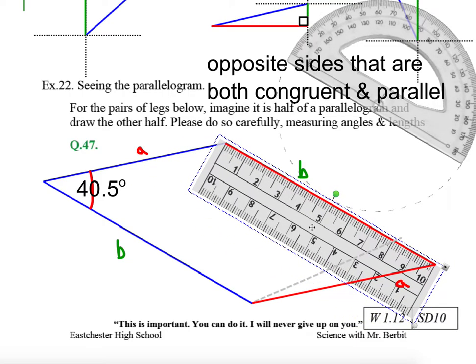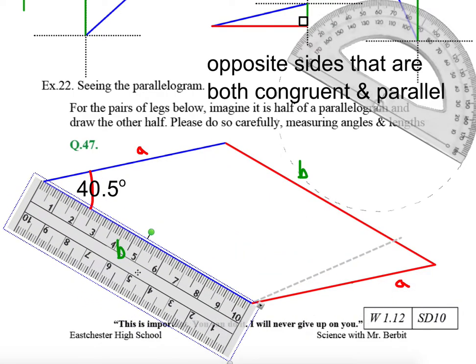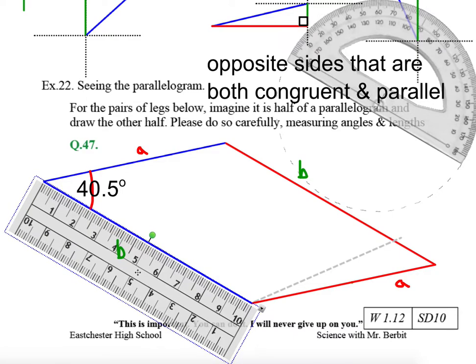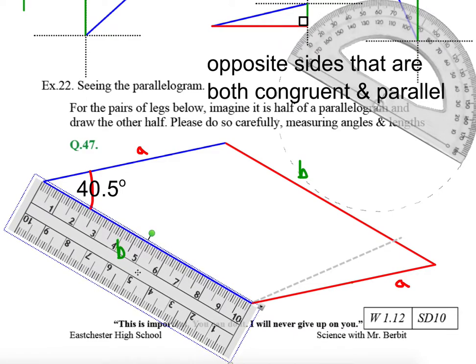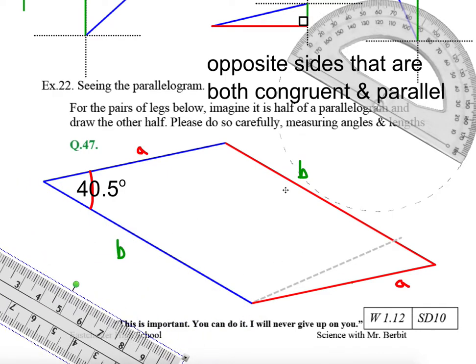About 10. Yes, and again, this measurement is probably not going to match your actual picture. I'm just messing around with the ruler. But based on this wrong ruler, they're both the same, so that's okay. This should look to you nice and symmetric. This is actually opposite sides, both congruent and parallel. We are now good to go.